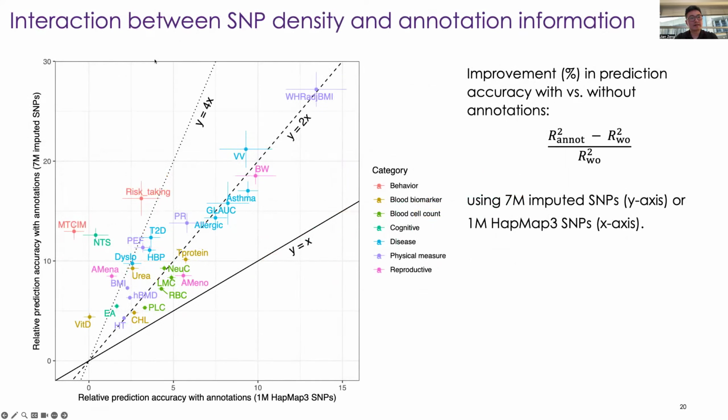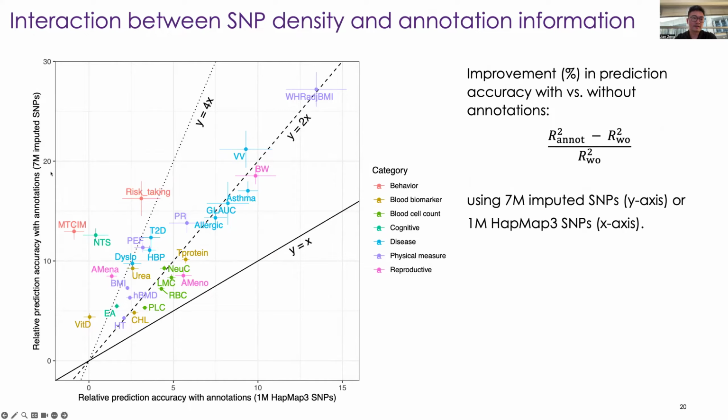Another interesting finding from our analysis is the significant interaction between SNP density and the annotation information. This graph shows the benefits of adding annotation into prediction at different SNP sets. The x-axis shows the relative prediction accuracy using annotation compared to not using the annotation at 1 million HapMap3 SNPs.